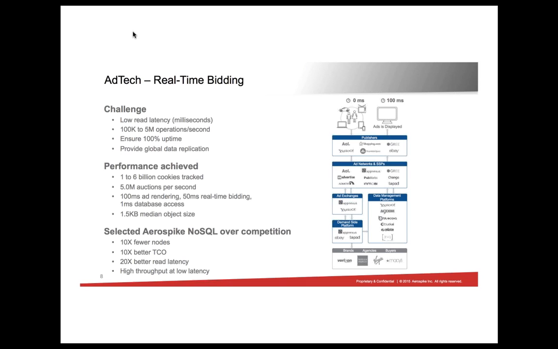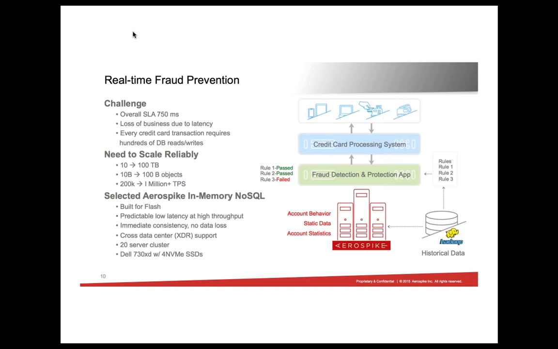So let's have a quick talk about use cases where Aerospike gets used. One of our sort of traditional segments of use cases is around ad tech. These are the companies that are either placing adverts onto your web browser or into Facebook, or these are the organizations that are bidding for the right to go place those adverts.